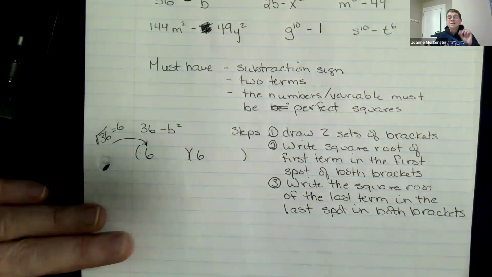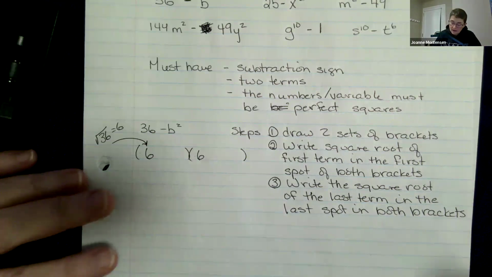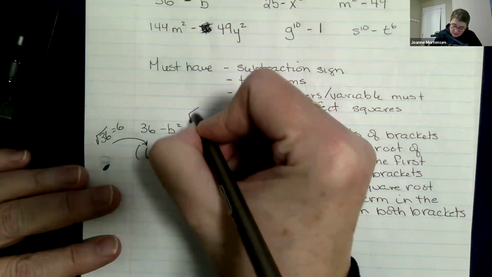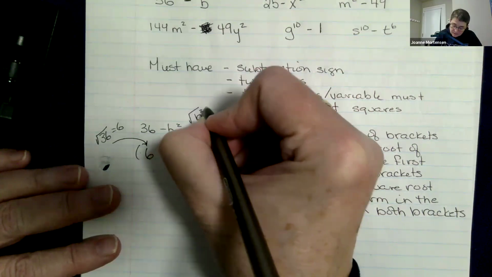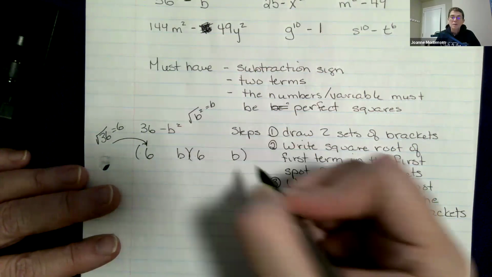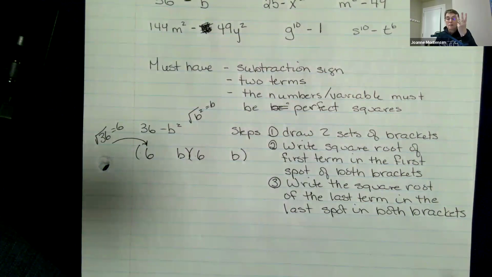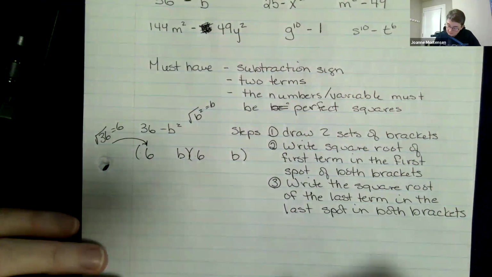I hope you notice it's taking me significantly longer to actually write these out than it does to actually do it. Square root of b squared is going to be b. So b here, b here. It's only 4 steps.